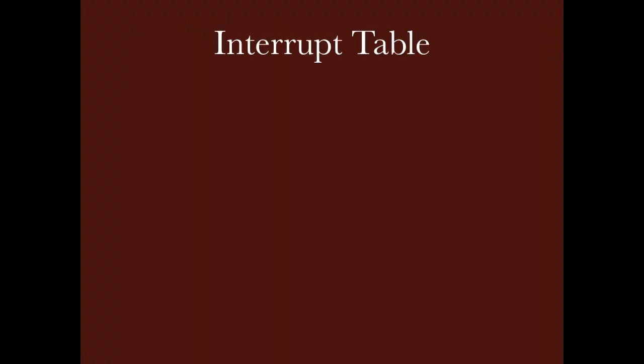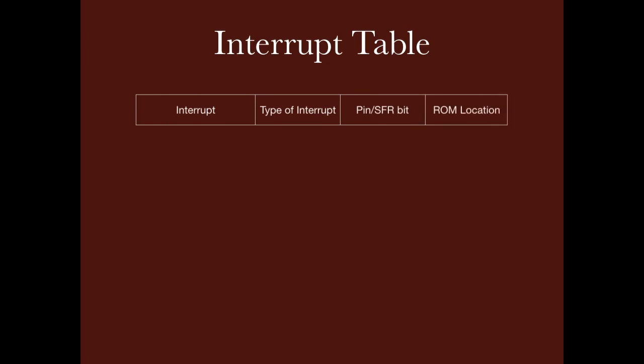Now this slide shows the interrupt table which mentions the details of all interrupts. Starting with the first interrupt, that is reset. Reset is a hardware interrupt. Hardware interrupt means it is generated on the pin of the microcontroller by some external hardware.